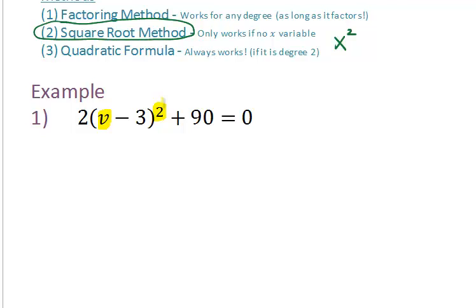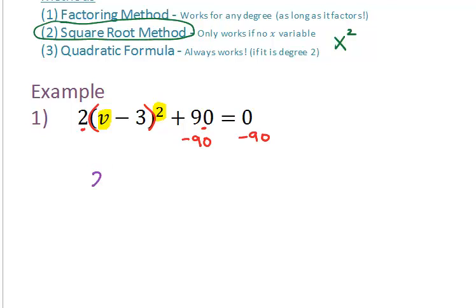Okay, the method here first says we have to isolate our square. So we have to isolate the parentheses with the square around it, which means I have to get rid of this 2 and this 90. And I should always do it in reverse PEMDAS order, meaning I should subtract 90 from both sides first.